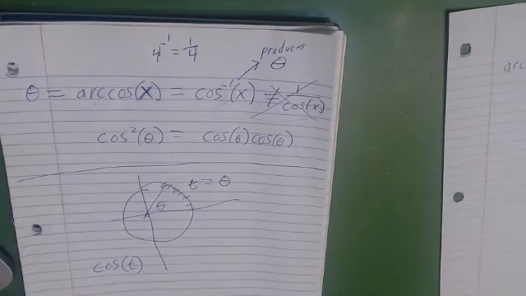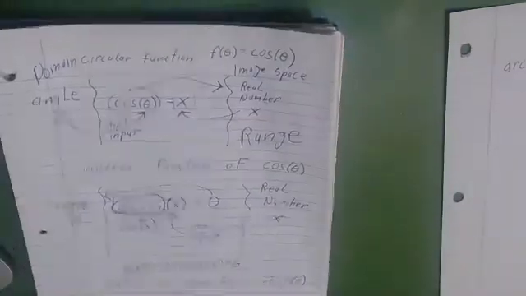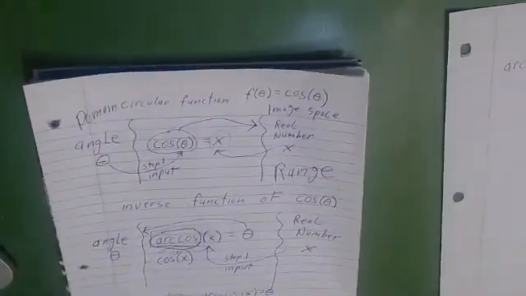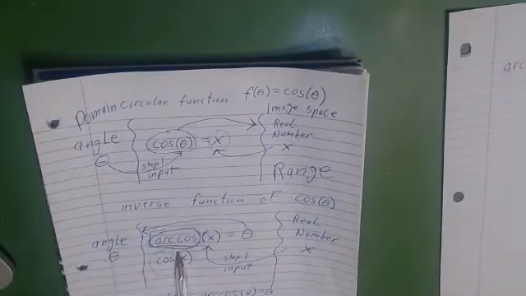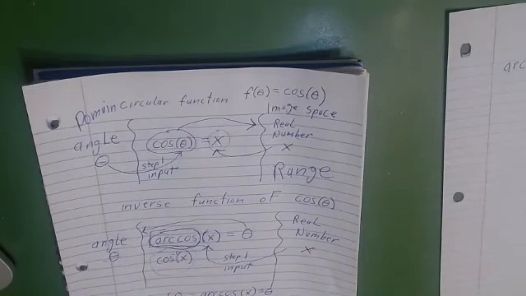I think this is the main picture to understand here, that you're just going in the reverse direction with the inverse trig function. And you have to restrict the domain to where the function is 1-to-1. So each circular function has its own restricted domain, okay?